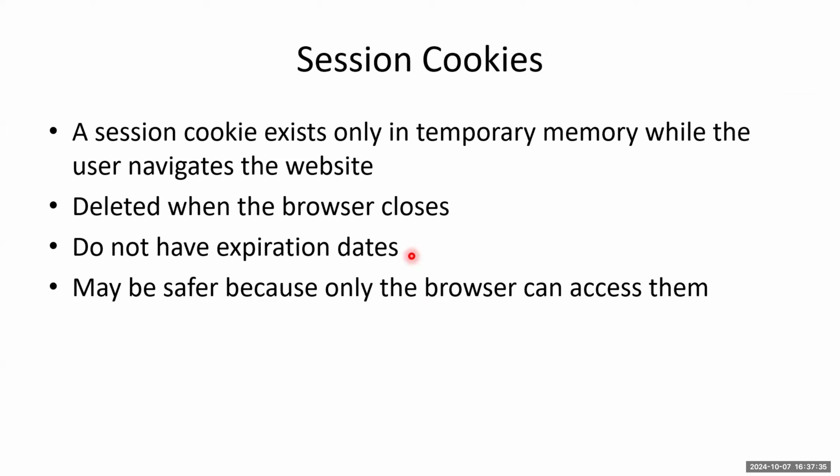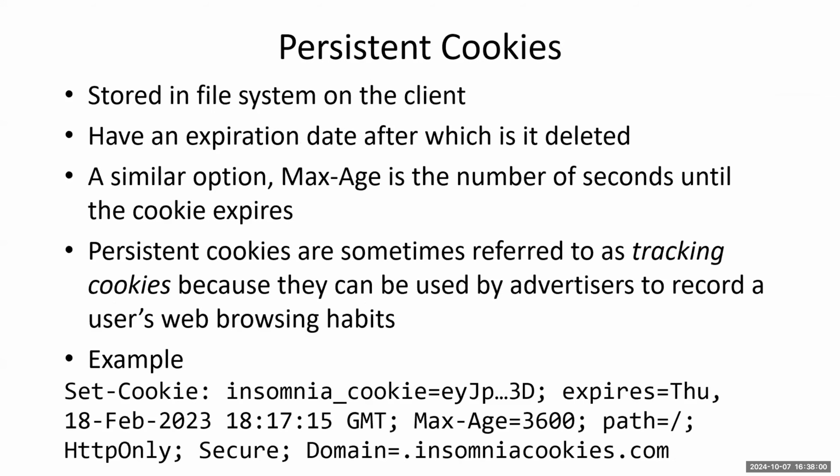Session cookies do not have an expiration date because they expire as soon as you close the connection. In some sense, they may be safer because there's no information saved on the server between connections. So you send a request to get a page from the server, it sends you a cookie, you keep sending that cookie back to the server whenever you go back. And then when you're done, when you close your browser, that cookie just disappears.